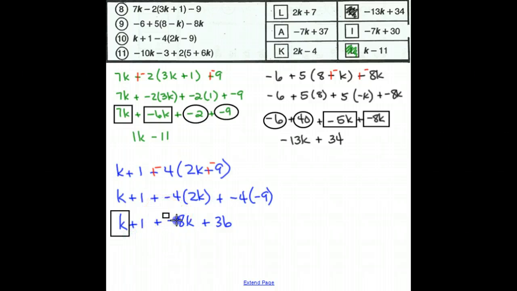K and a negative 8k are like terms. 1 and 36 are like terms. K plus a negative 8k is going to give me a negative 7k. 1 plus 36 is 37. You can see our answer matches up with answer A.